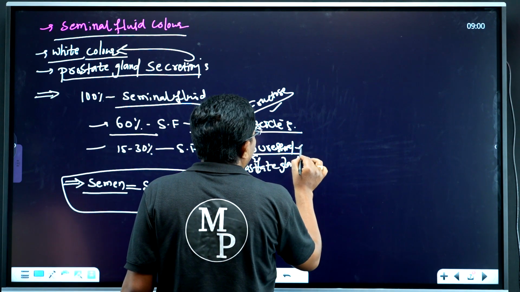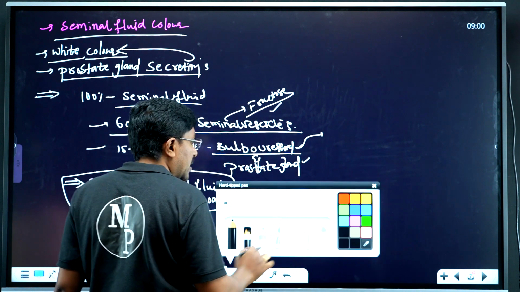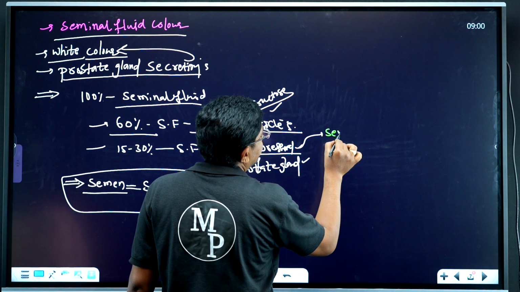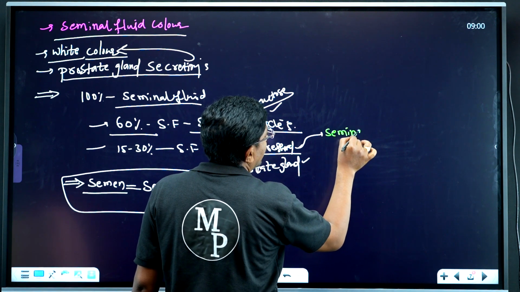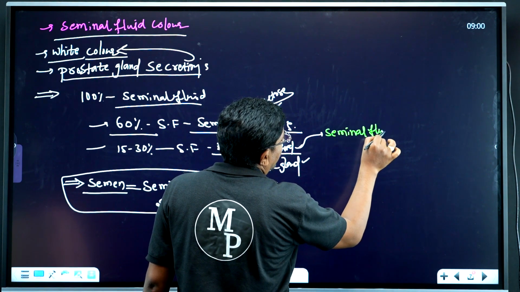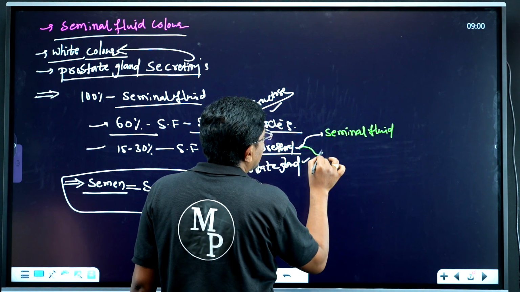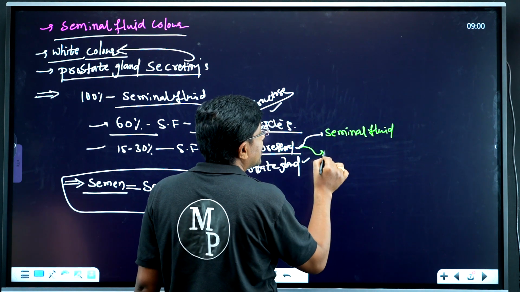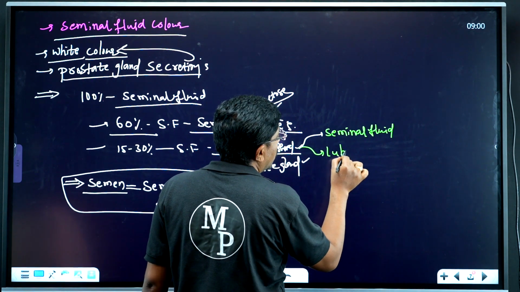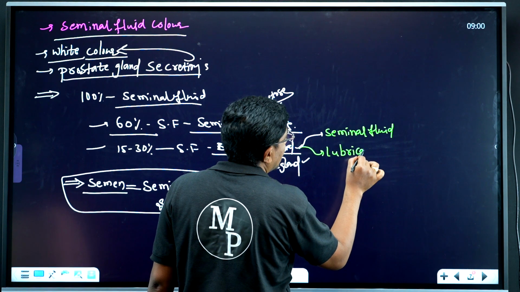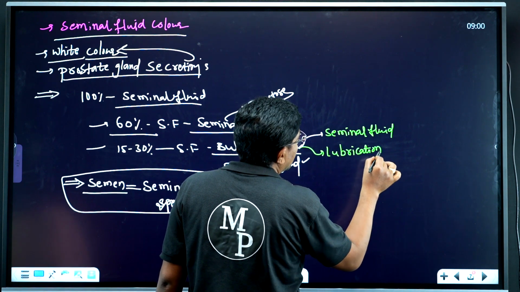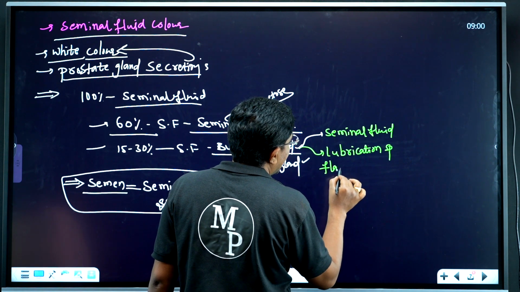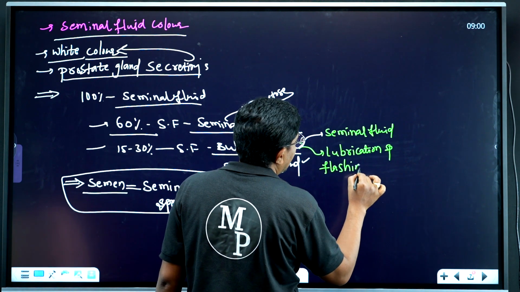One more important thing: the bulbourethral glands have a secondary function. The bulbourethral glands are involved in two functions. One function is the contribution to the seminal fluid, and also these gland secretions help in lubrication and act as a flushing agent within the urethra.